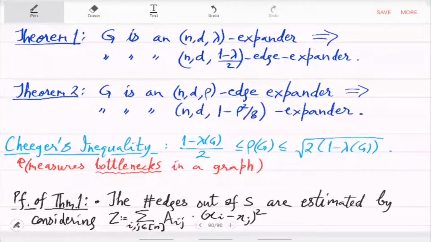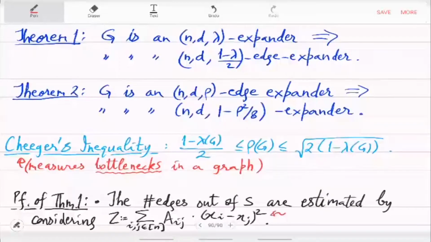So yeah, this seems like a weird function, but it has a name. It appears in many places. We have actually used something like this also before, when we wanted to use the connectedness of a graph to deduce that the second largest eigenvalue is sufficiently away from 1. Okay, there also we used something of this type.